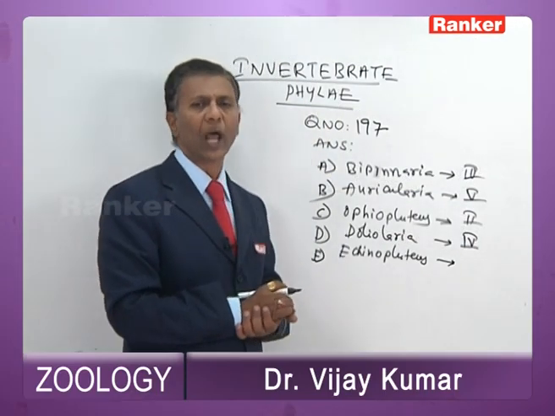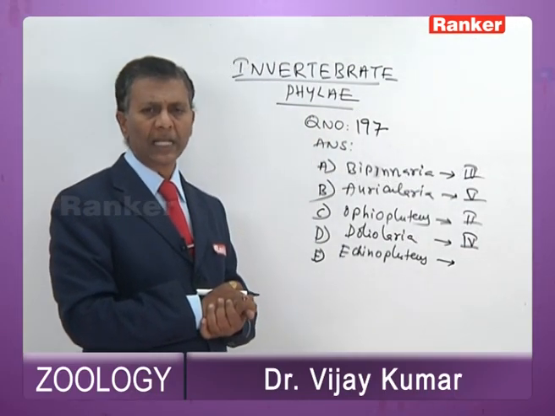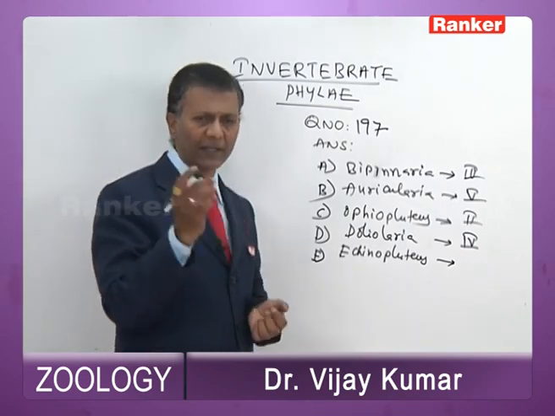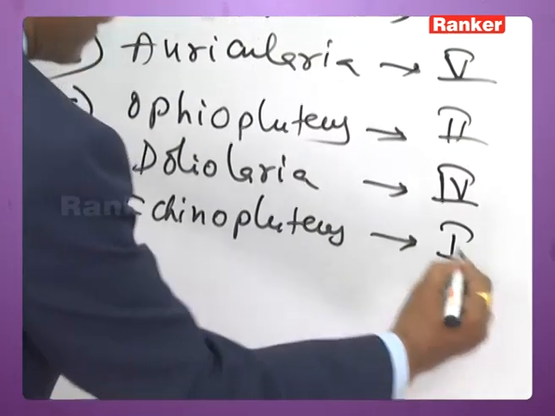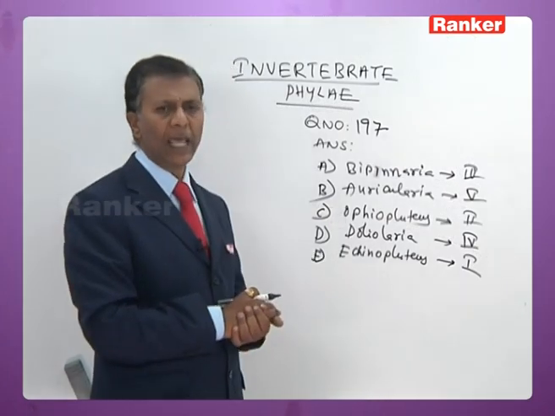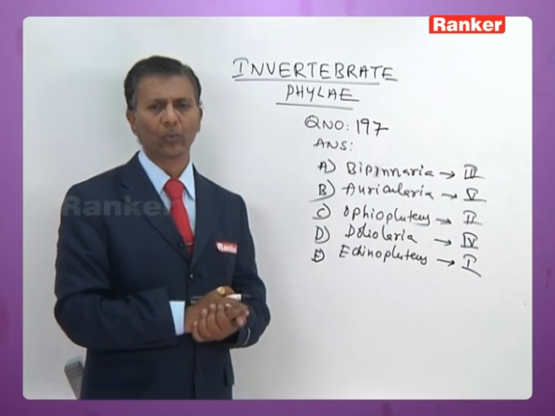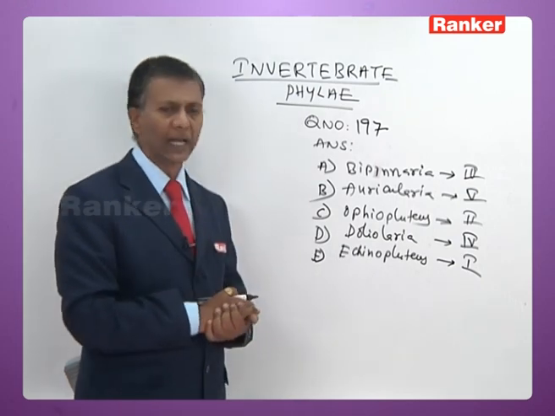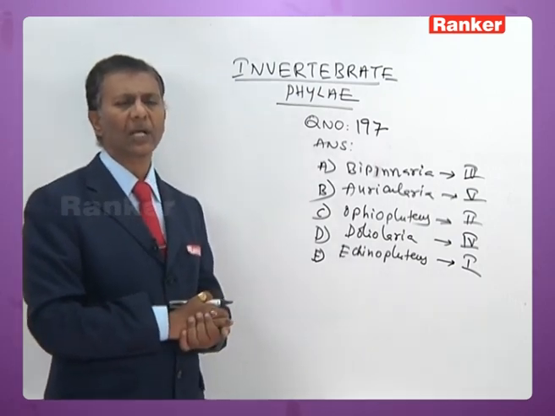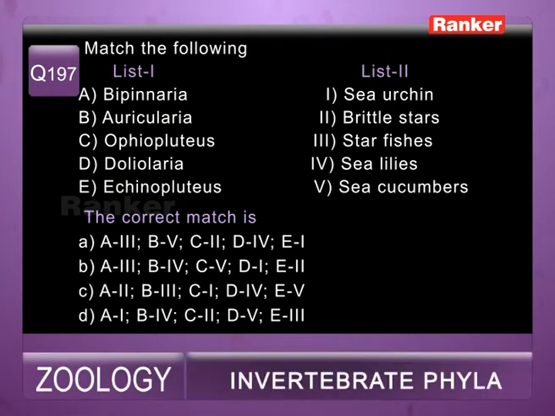Echinopluteus is the larva of echinoids, that is sea urchins. First option is correct. So the correct answers are A3, B5, C2, D4 and E1. They are the correct answers. So for question 197, the correct answer is A.